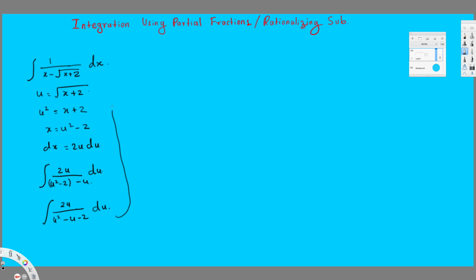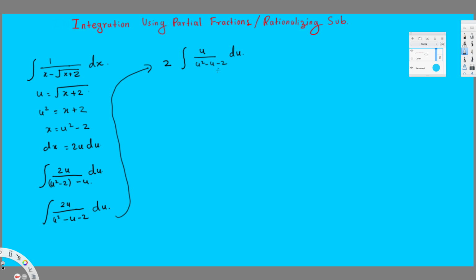So let's continue right here. I bring the 2 to the front. We are left with u over u squared minus u minus 2 du. Then we have to look at the denominator and see whether we can factor it.